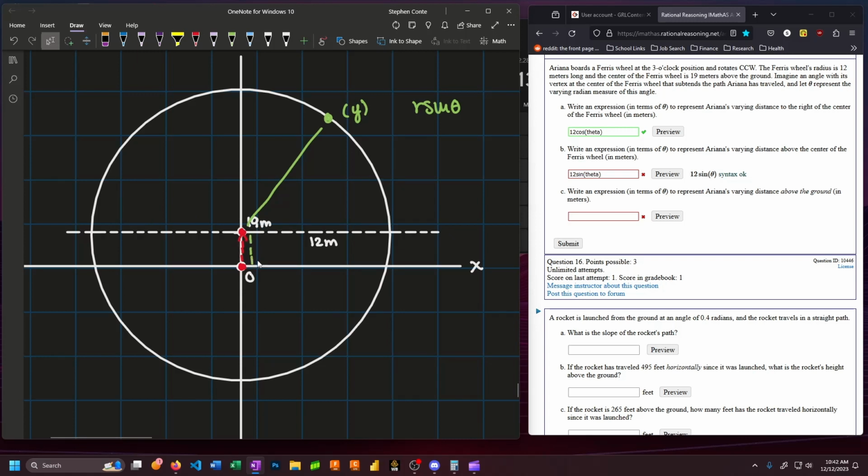So it depends on what distance we're measuring relative to what. Relative to the center of the Ferris wheel, then we're just talking about the y value on the circle using just the general r sine theta formula. But if we're talking about distance above the ground, then it's that general r sine theta formula plus that vertical distance shift that we have.